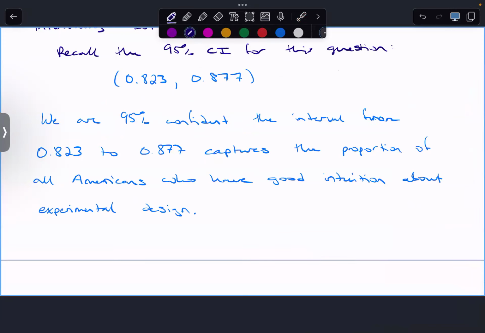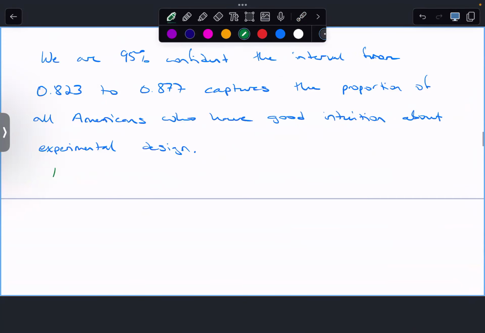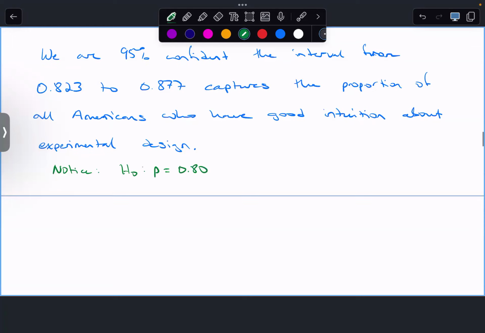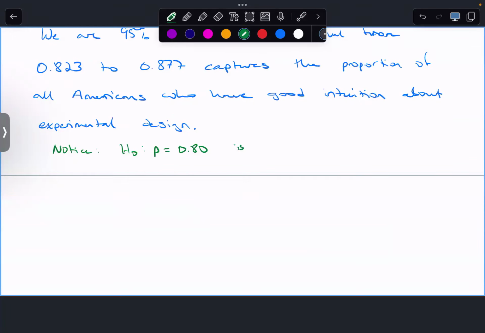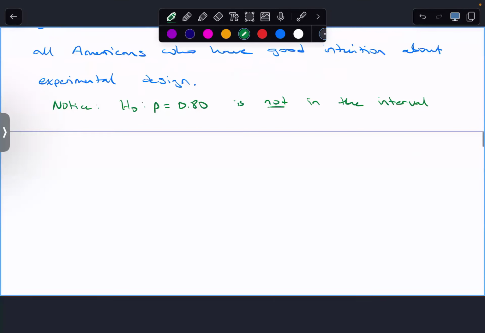So notice that the null hypothesis p equal to 0.80 is not in the interval, which means I'm 95% confident that 0.8 is not the population proportion. It's not really what it is, but kind of.